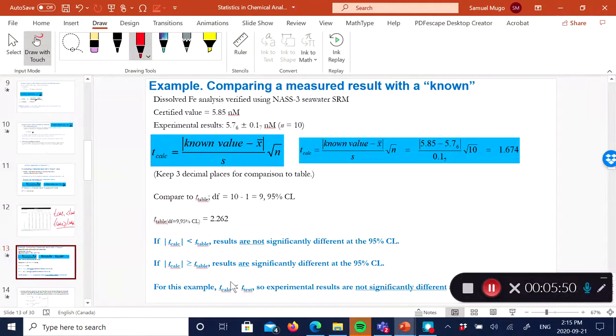And so the t that you've calculated is much less than the t that is in the table. And so the conclusion is your analytical method is good because it's giving you a number that is very, very close to the true value, meaning the true value is not different from the experimental value. And that's what you tested in your null hypothesis.